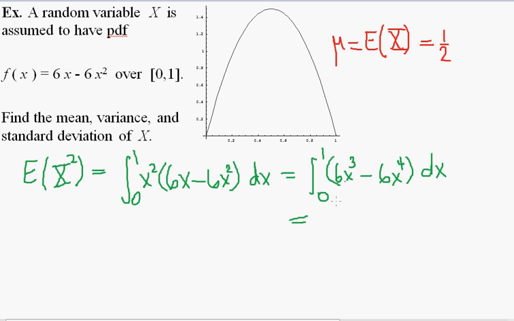Okay, so we do the integral. We get 6 fourths x to the fourth minus 6 fifths x to the fifth, evaluated between 1 and 0. Plugging in 1, we get 3/2 minus 6 fifths.